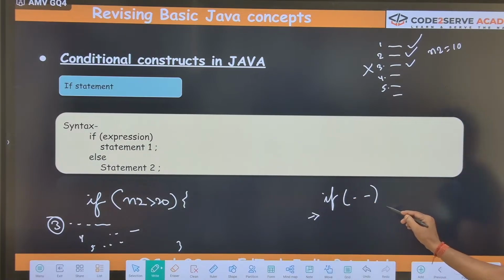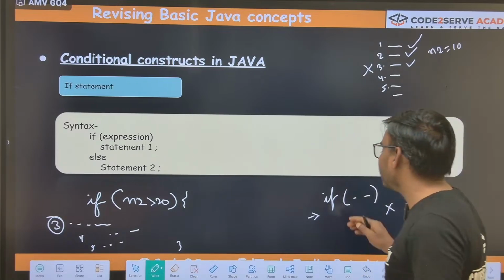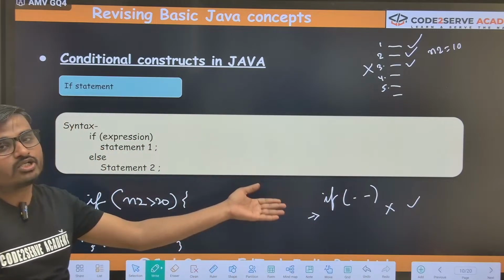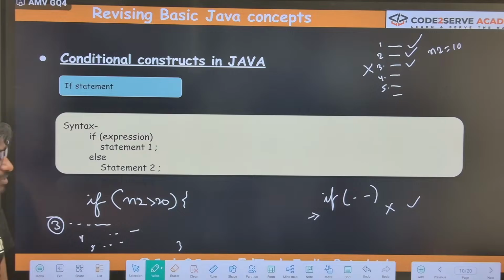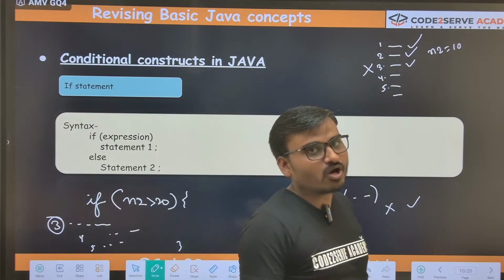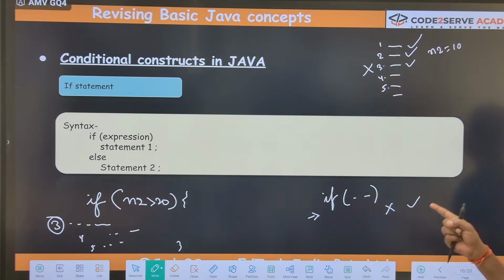So this line will either be executed or not executed. If this condition is true, then only this particular line will be executed. If it is not true, that particular line will not be executed. Got my point? So whenever you want multiple lines inside the if block, you give curly braces, and if you want only one line, then you don't give curly braces.